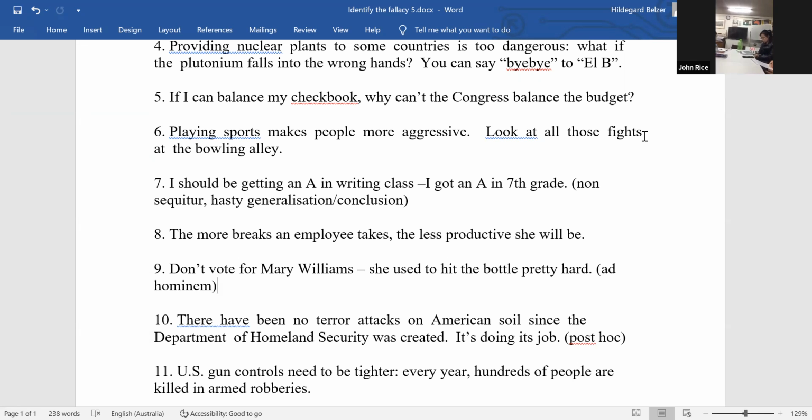And the person isn't looking at the policies that Mary Williams is presenting to the people or anything relevant to her election or her arguments. When you don't look at a person's arguments, but you look at their personality, you're attacking the person. Happens a lot. See it all the time in Facebook arguments.